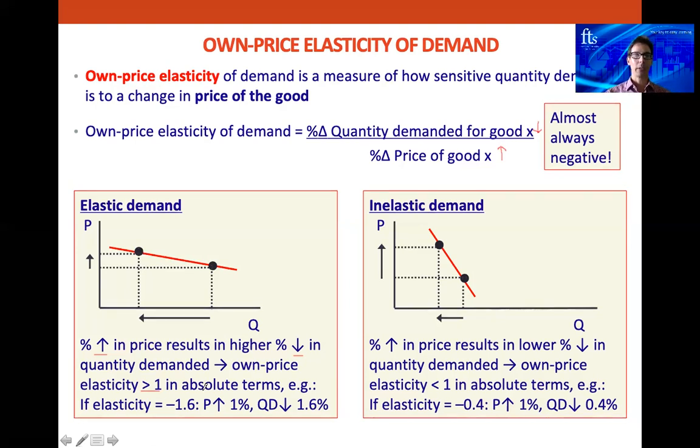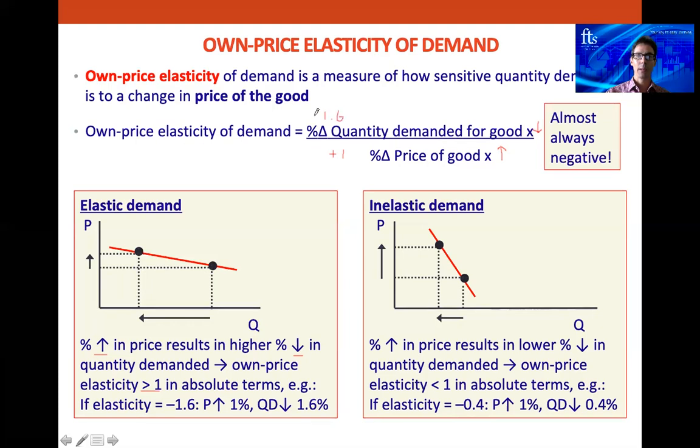So for example, if the elasticity is minus 1.6, if the price of the good goes up 1%, so let's put it over here, the price is going up 1% there. Now the quantity demanded is going down more than 1%. It's going down by 1.6%. So let's put in 1.6 over here.